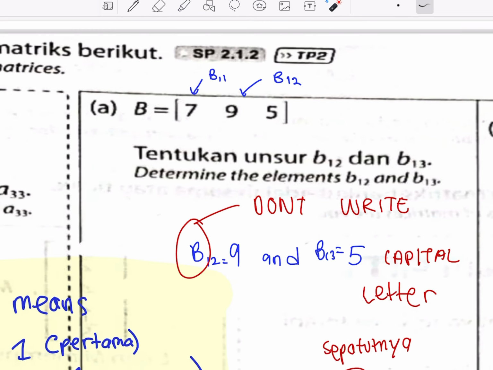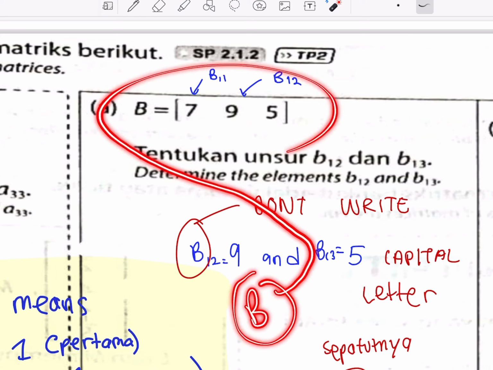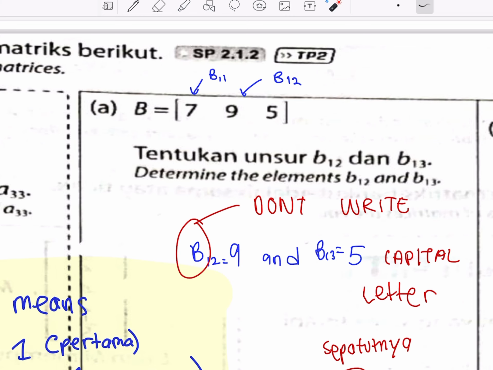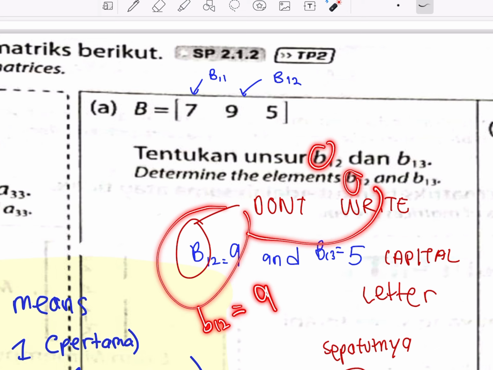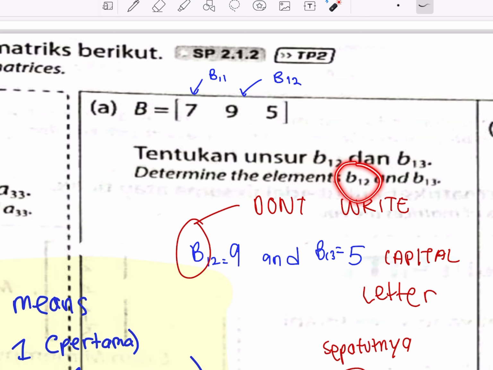So nombor 9. Don't write B besar tau, because B besar is to wakil the whole entire matrix. Bila kita nak wakil the element, you're gonna write small b. So b12 equals 9. Macam ni lah apa yang ada dalam soalan. See, small letter b.